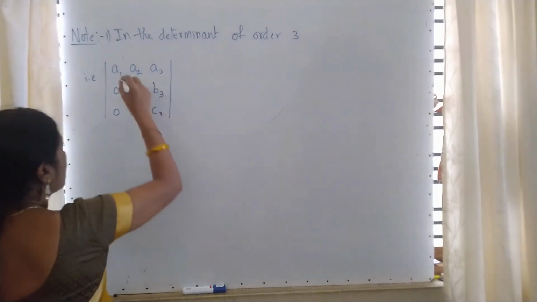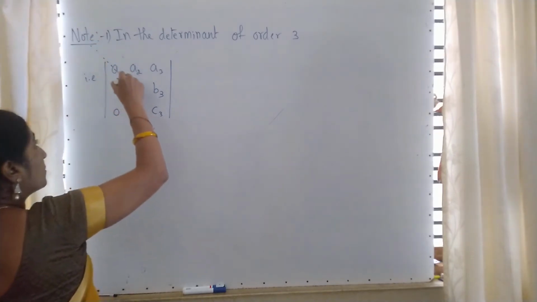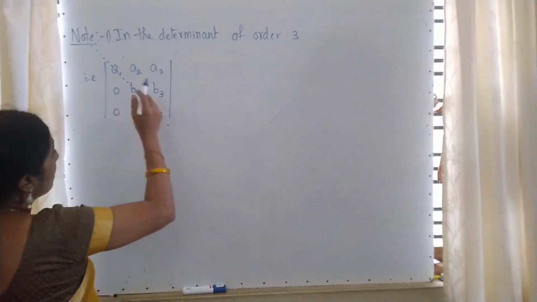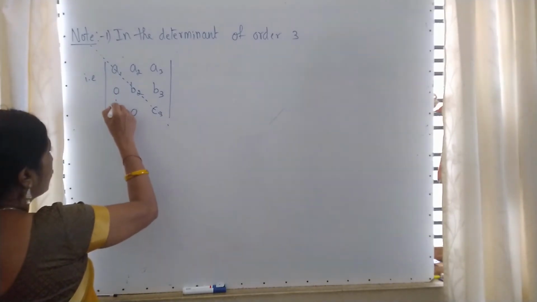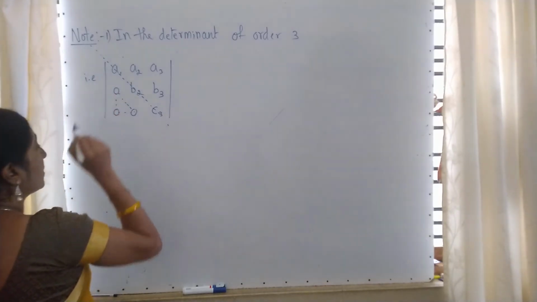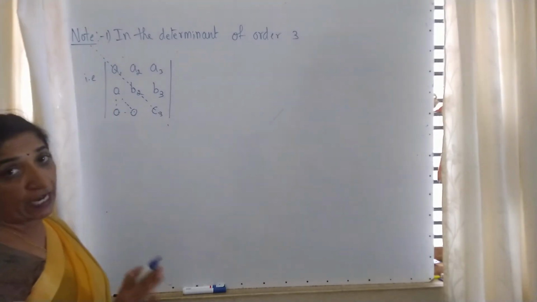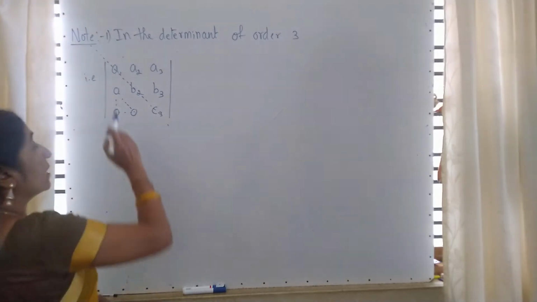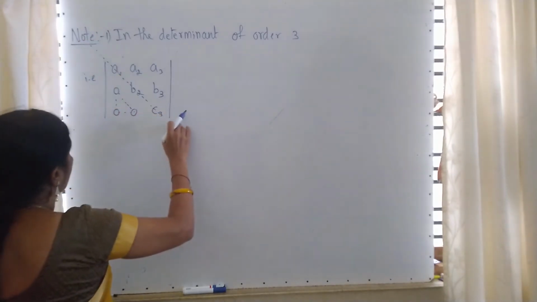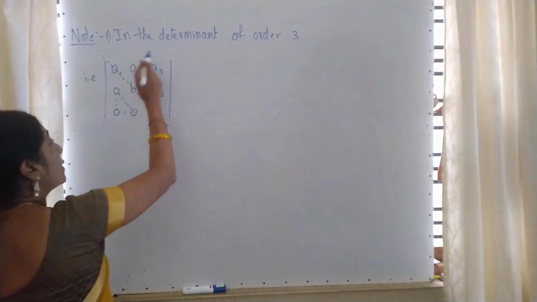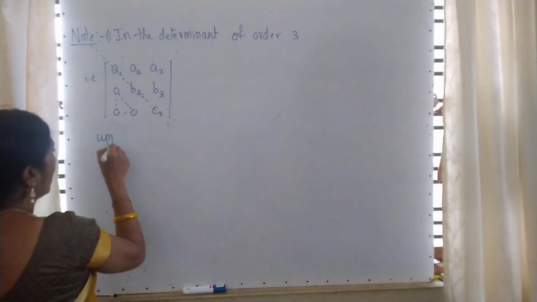See here, in this determinant, this is the principal diagonal. On one side of the principal diagonal, the elements are 0. If you join these elements with a pencil, they form a right angle triangle. Even though the triangle is present below the principal diagonal, the hypotenuse opens upwards. That's why it is upper triangular.